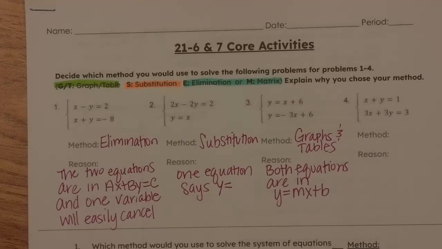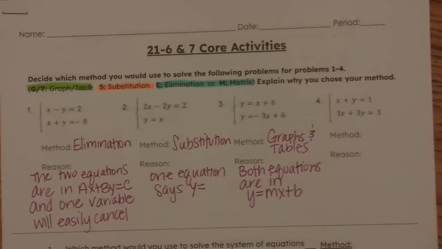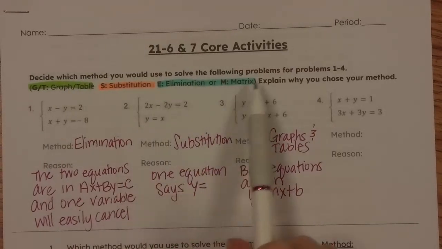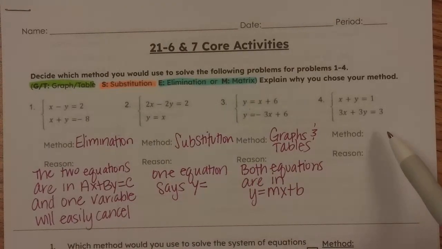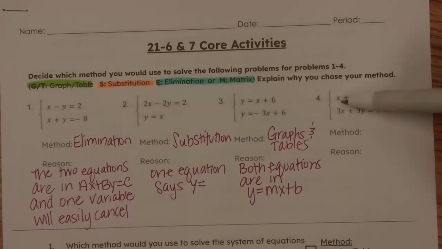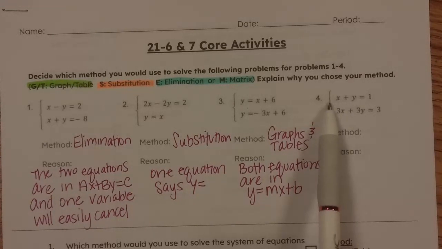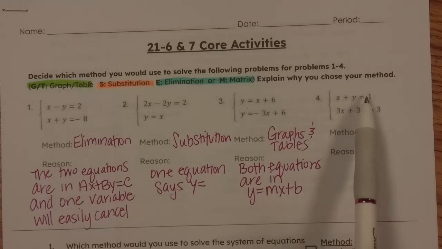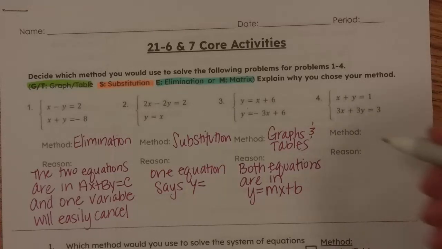Okay? All right, and if we're playing process of elimination, we've used all of them except for matrix, so I bet this one's going to be matrix, but let's check and see. So they're both lined up in standard form with ax plus by equals c, which is great, but nothing is going to cancel out here. Now, remember, I could just multiply this top equation by -3, and then one of these x's or y's would, well, actually both of them would cancel out in this problem.